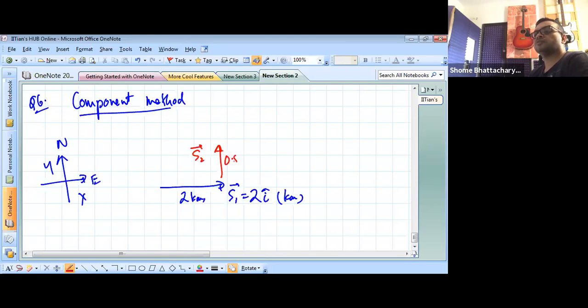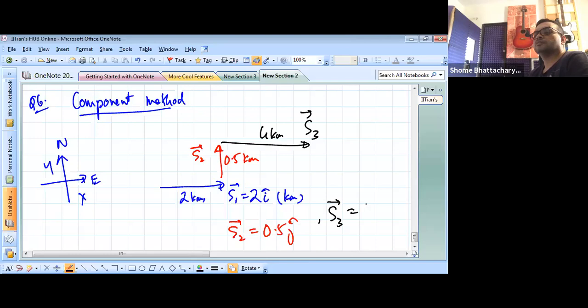which is half a kilometer in this direction, in component form will be written as 0.5 j cap. Now my third displacement, which is again towards the east but 4 kilometers in magnitude, in component form S3 will be written as 4 I cap. All of them are in kilometers.